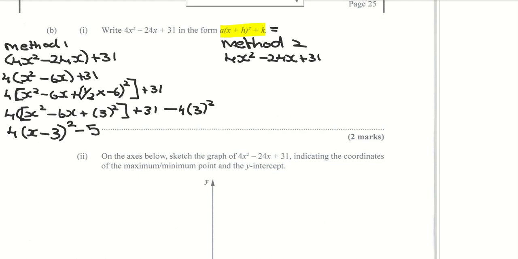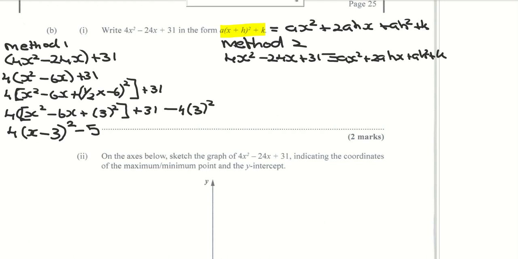You're going to remove the brackets, which is ax squared plus 2ahx plus ah squared plus k. When you multiply it out, you're going to get this. So you're going to equate it with ax squared plus 2ahx plus ah squared plus k.